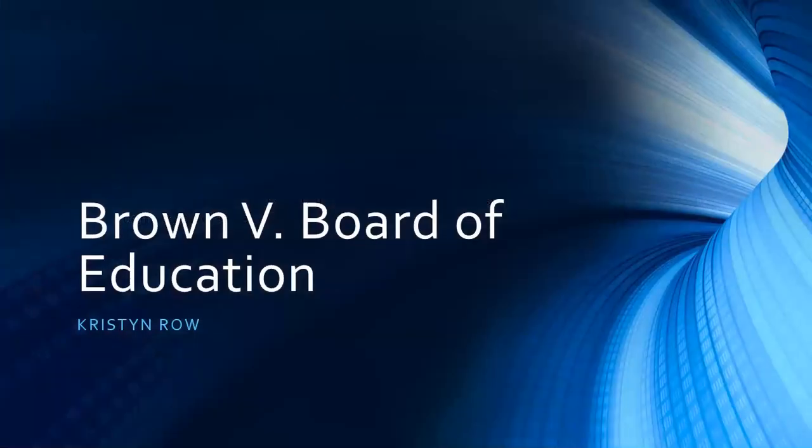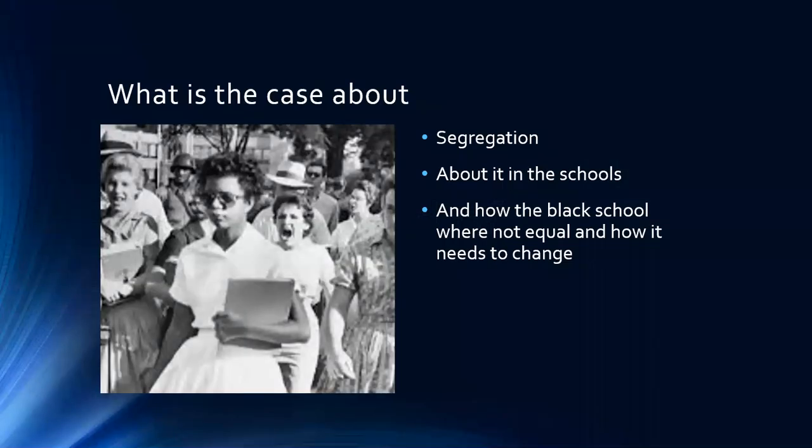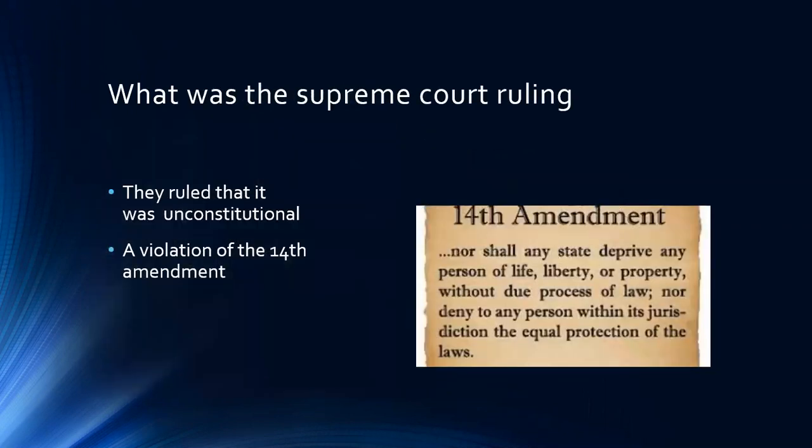All right, so moving on, we've got Brown v. Board of Education. So this one is about segregation. Should hopefully be relatively familiar. And in particular, it deals with the idea that African Americans are not being allowed to go to white schools, and it was seen as a violation of their rights because it was not an equal education system. In this particular case, the Supreme Court ruled that it was unconstitutional to segregate schools.